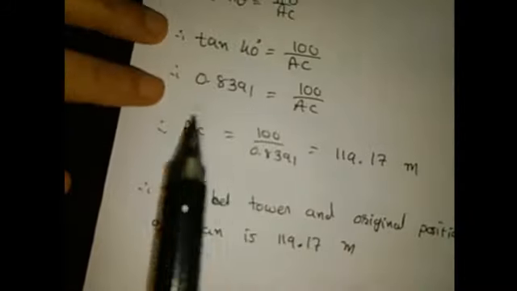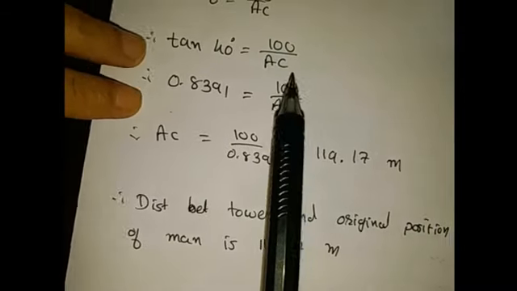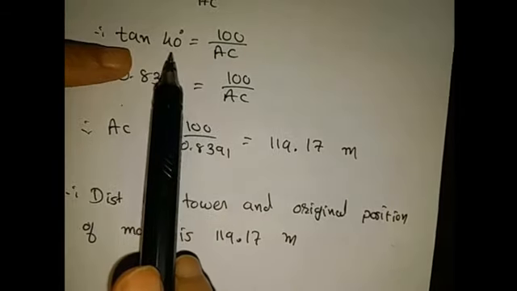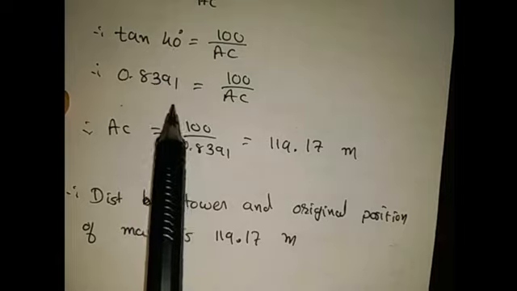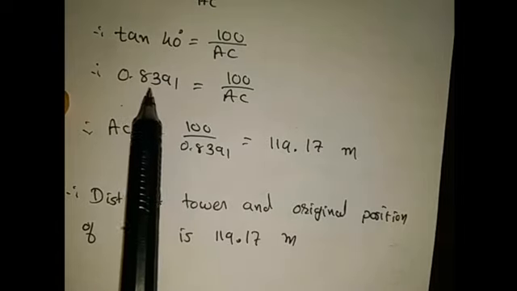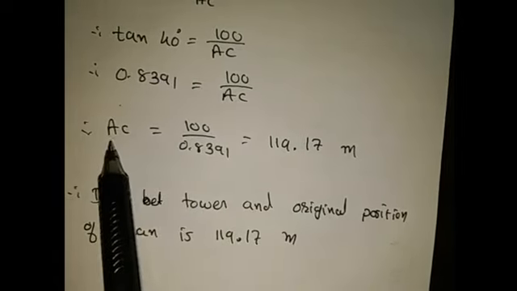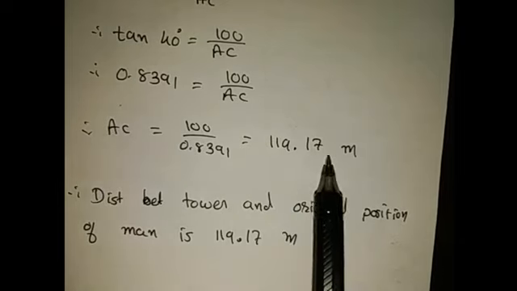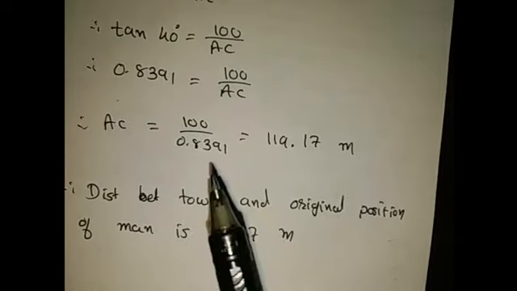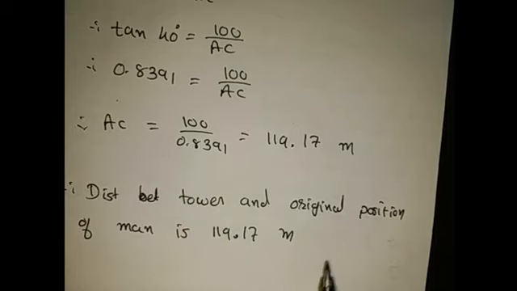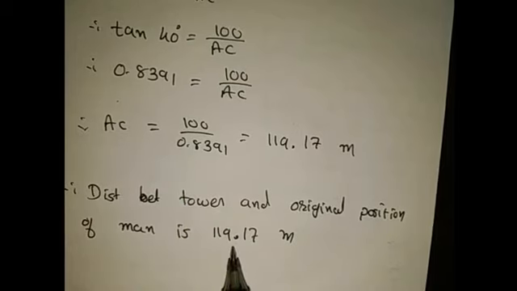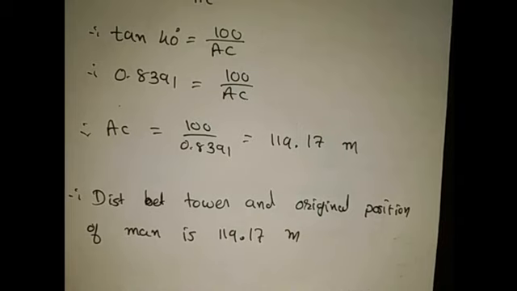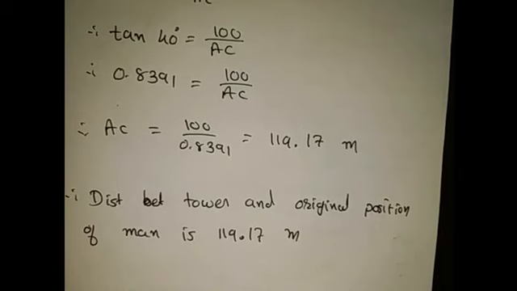Then put the values. Then tan 40 की वैल्यू फाइंड करनी है. फॉर दैट यू हैव टू यूज लॉग टेबल. tan 40 is 0.8391. Then make AC subject. So you will get 119.17 meter. That means distance between tower and original position is 119.17 meter. Okay, so in this way we have completed this numerical.